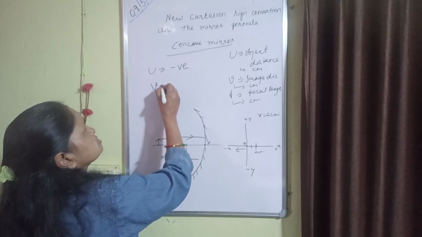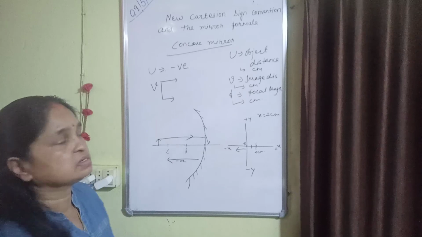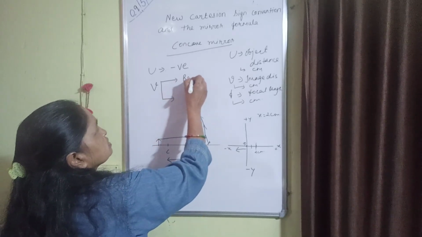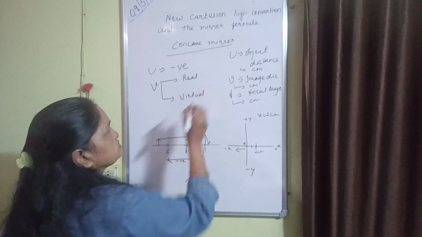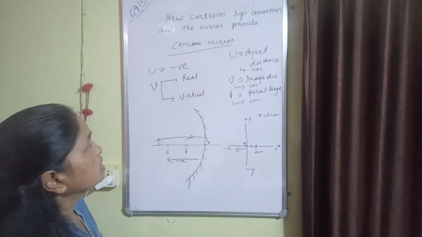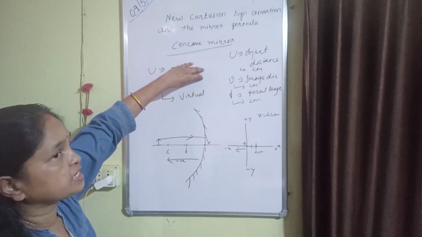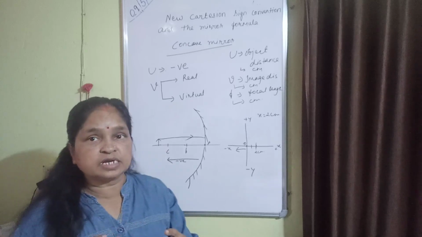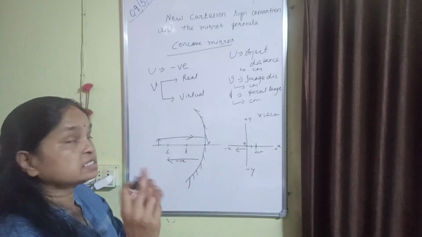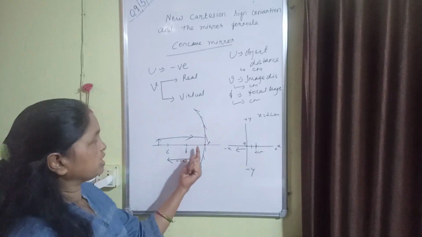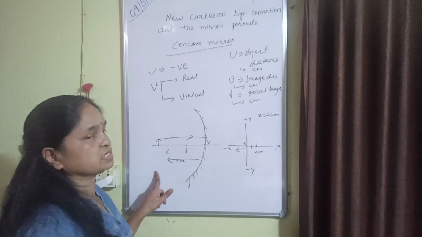Students, we have studied images of two types, real image and virtual image. Real image, remember, I am repeating: when two reflected or refracted rays directly meet at a point in front of the reflecting surface.